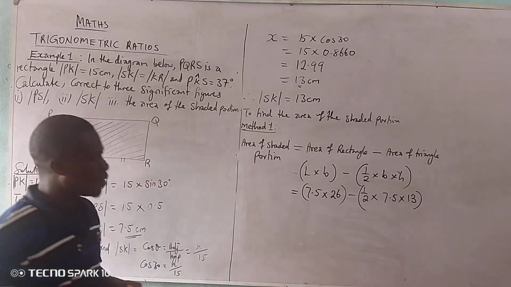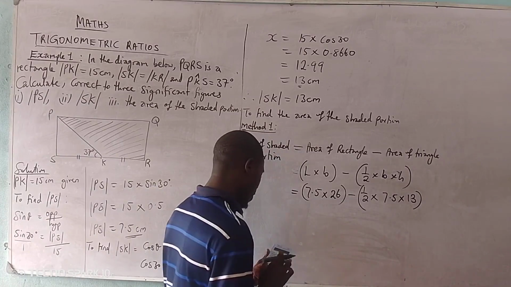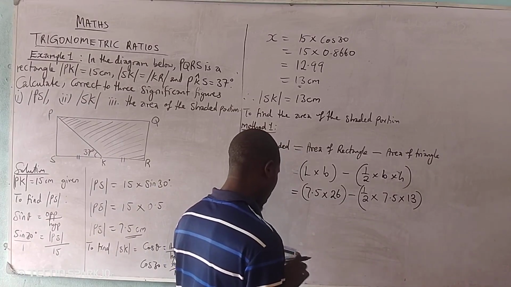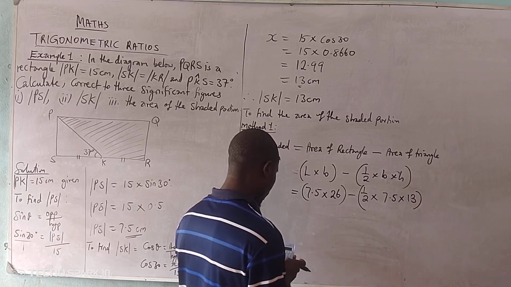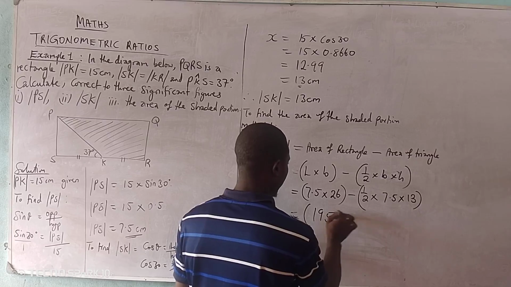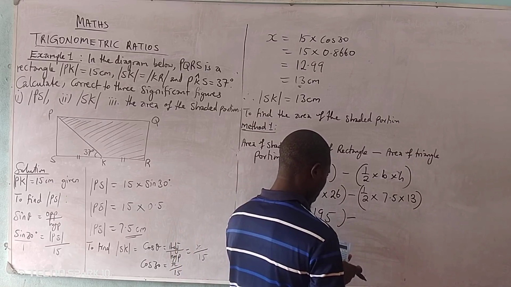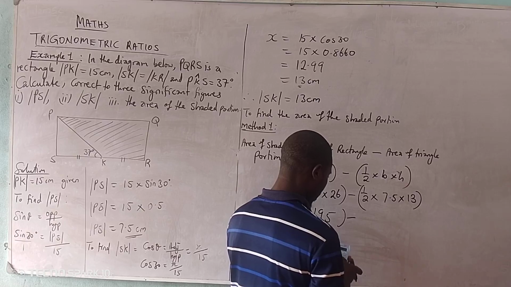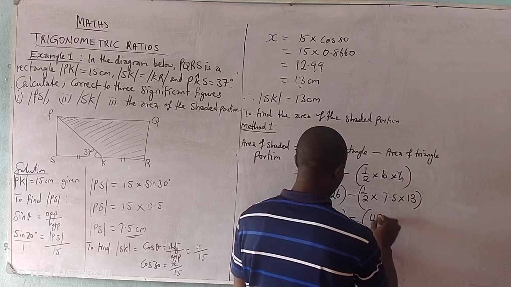So now, let's solve. We have 7.5 times 26, which will give us 195, minus 0.5 times 7.5 times 13, which will give us 48.75.